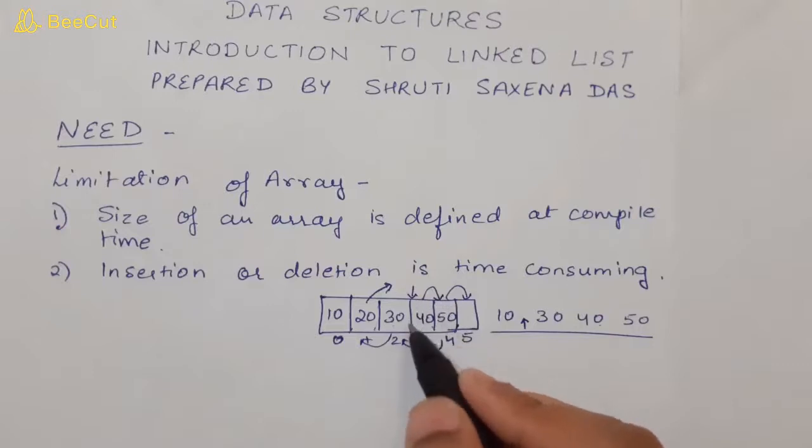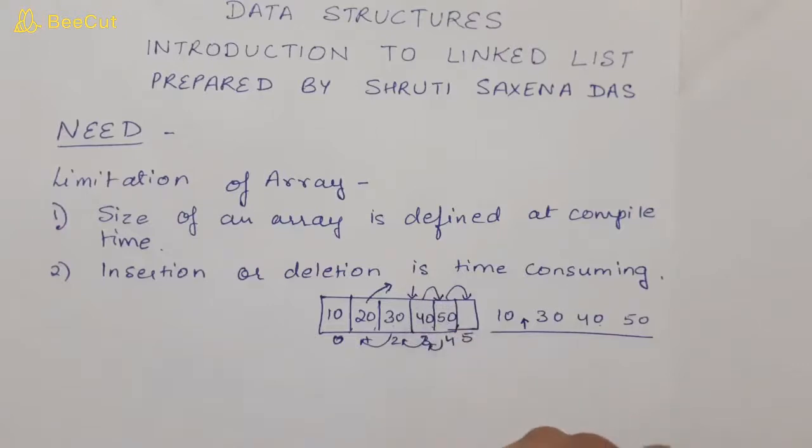After that only the space will be created and I'll be able to insert 35. So these are the problems in case of array. Because the size is fixed, if you want to perform insertion or deletion, you need to shift elements and that takes time. So these operations are time consuming.